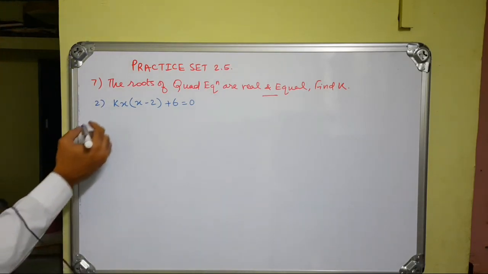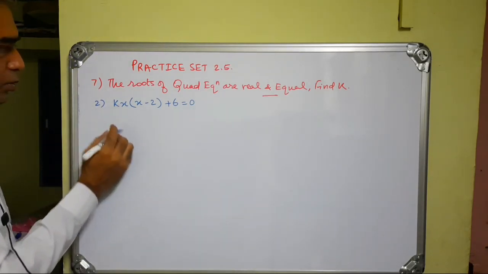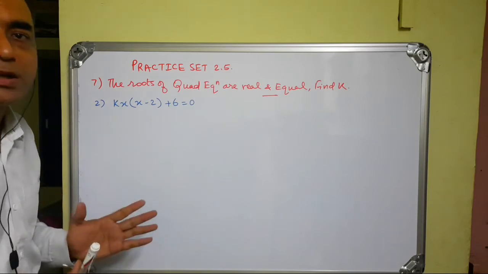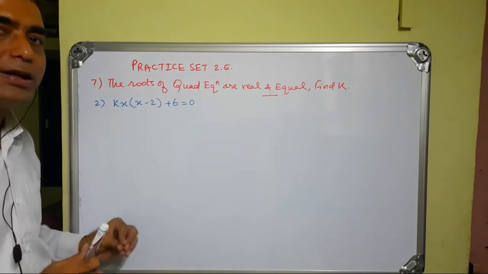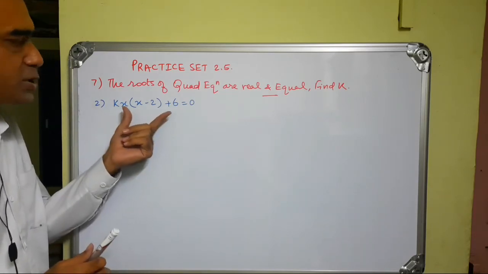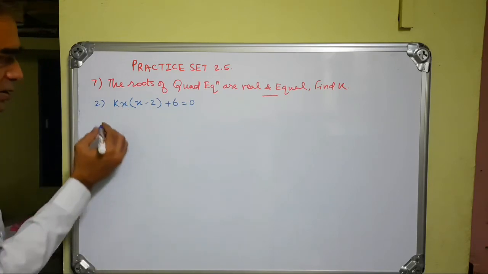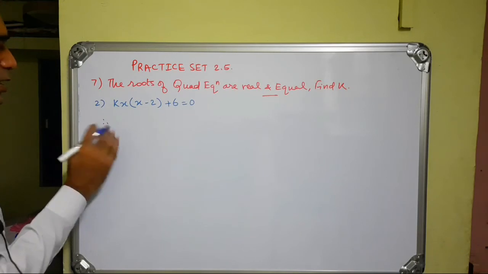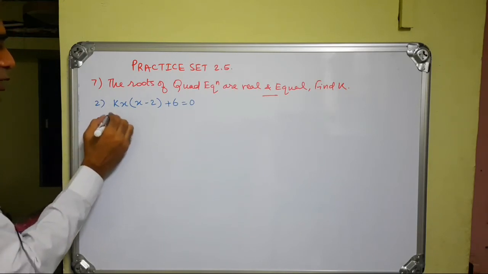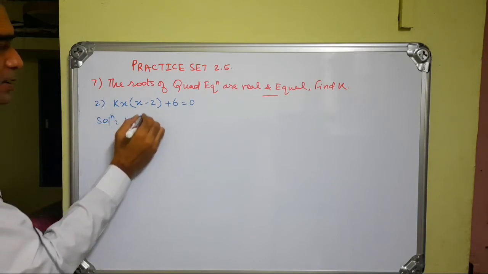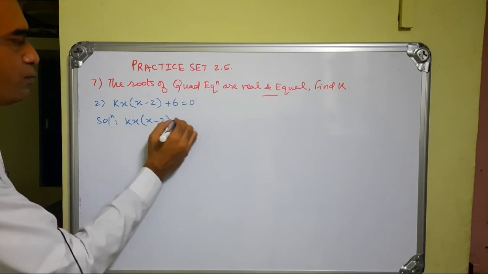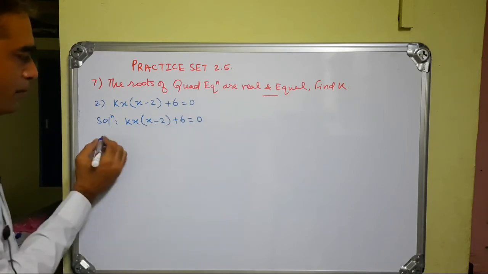Now let's start sub question second. In the first example, the equation was already in the standard form. This equation is not in the standard form. We'll write this equation in the standard form first. So solution: kx in the bracket x minus 2, plus 6 equals to 0.